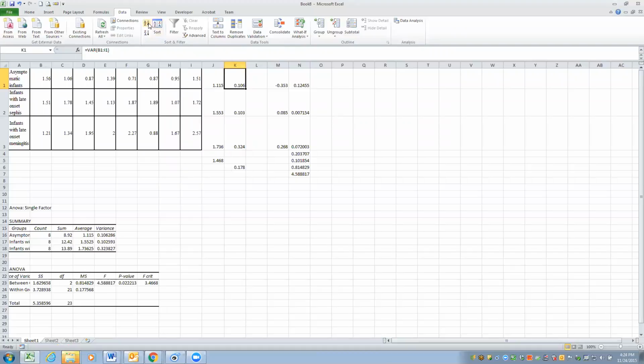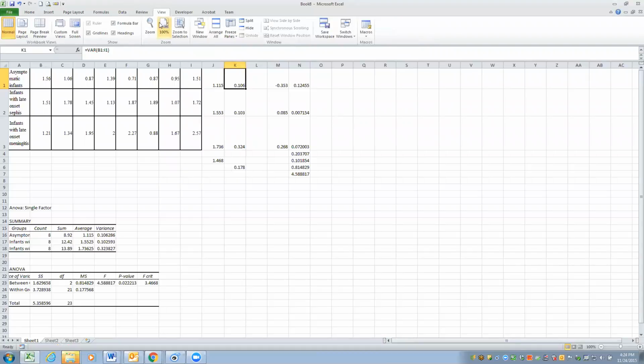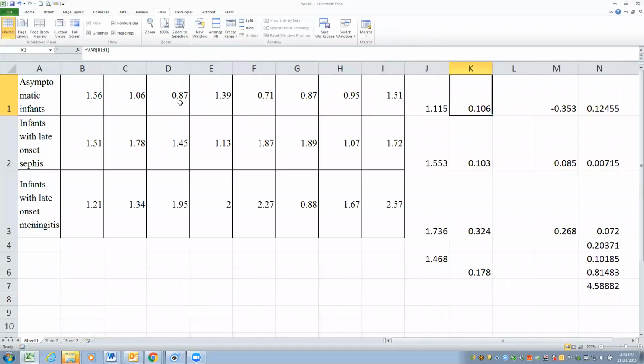Again, in Excel, I took the average of each row, which gave me these values. I took the standard deviation of each row, which gave me those values. The average of those 3 was the 0.178.